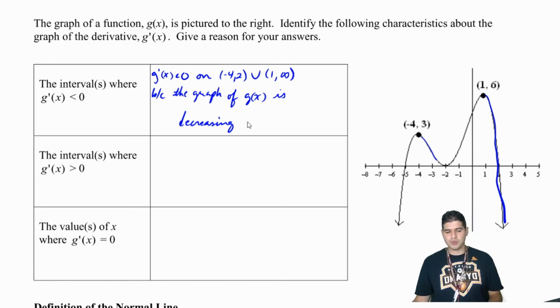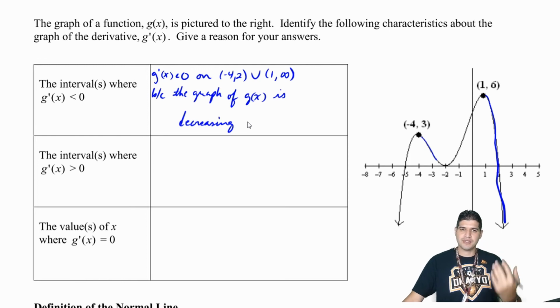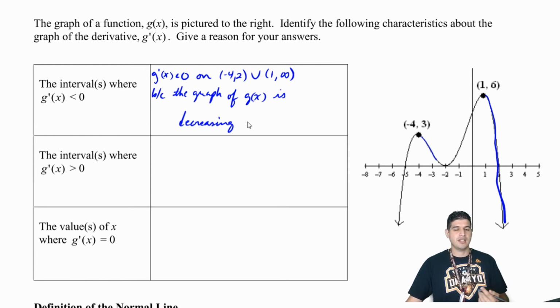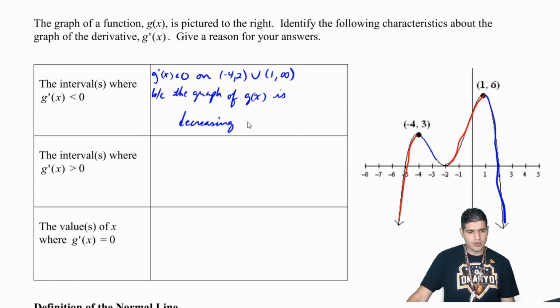Now I want to find the intervals where g prime of x is greater than 0. So again, I'm thinking, all right, greater than 0, where the derivative is greater than 0, what's the function doing? The function's increasing. So the areas where my function's increasing are right there and right there. So I know that g prime of x is greater than 0 on the intervals -infinity to -4 union -2, 1.